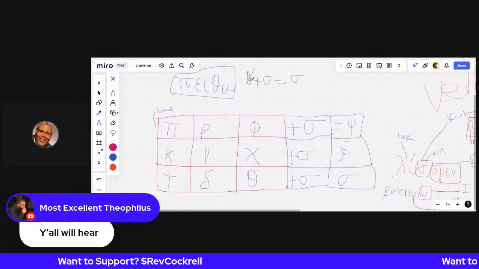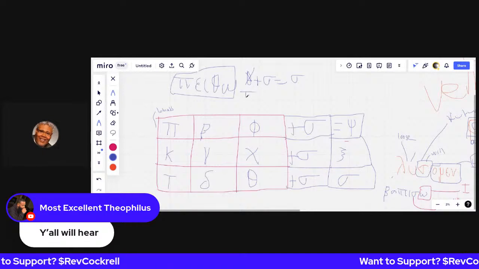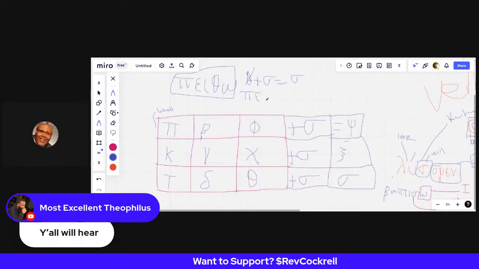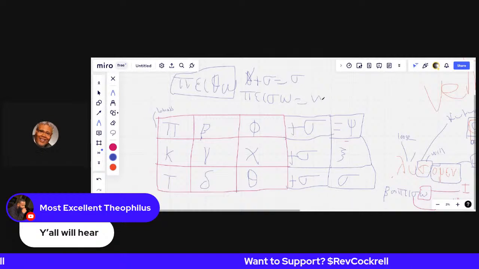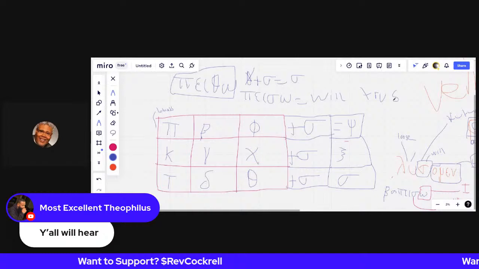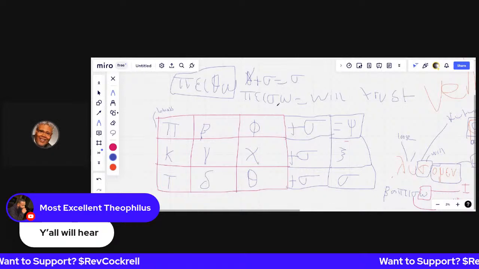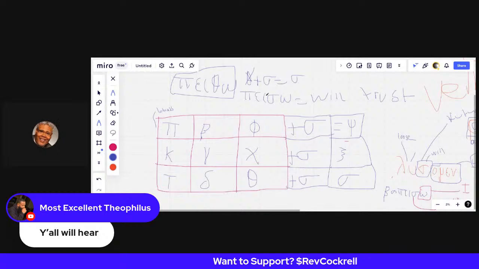This just drops out. So your future tense of peitho becomes peiso. I will trust. So the endings are the same. It's just for the stem. The stem is actually here.